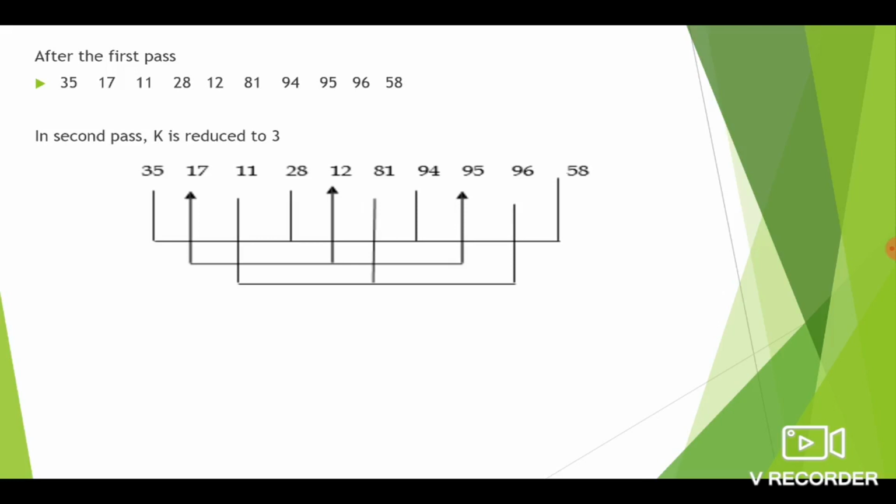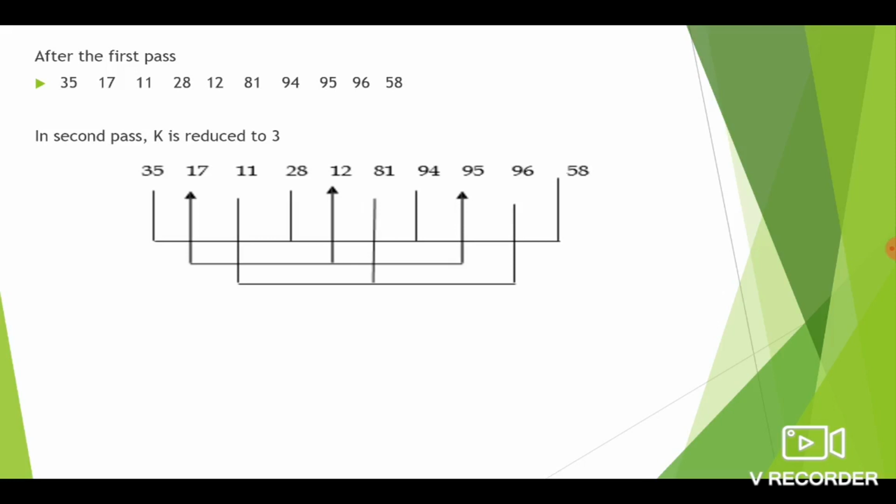For example, our first element is 35. The third element from 35 is 28, and from 28, again the third element is 94, and from 94, the third element is 58. So these form one group. That is, they create a sublist.